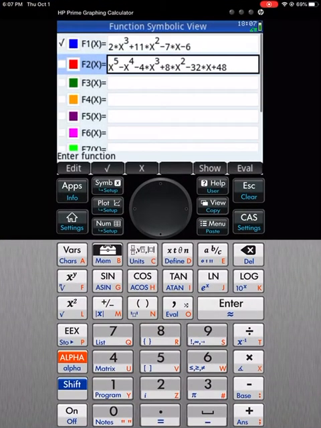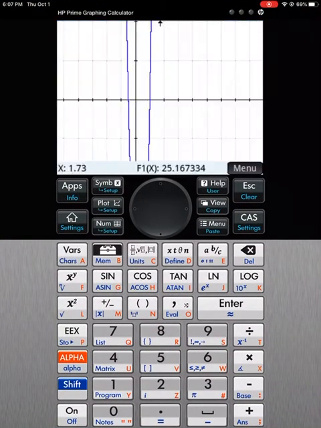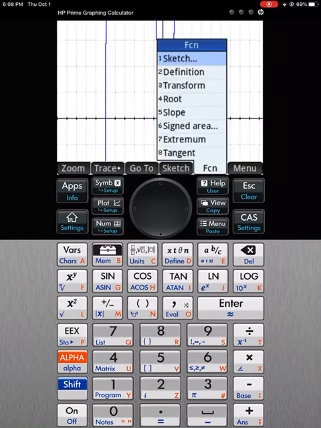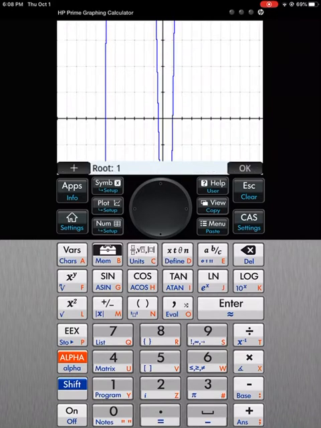So I already plugged it into the graph for us. I'm going to hit plot, and let me see. So I'm going to find the function root. It looks like one of the zeros is 1. Another is negative 1/2.